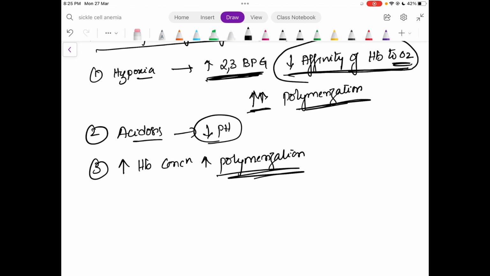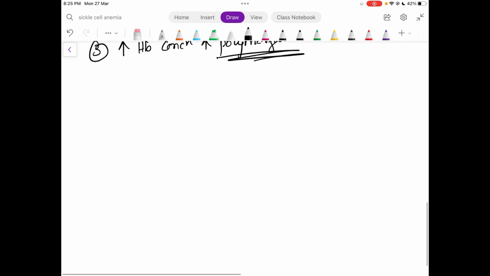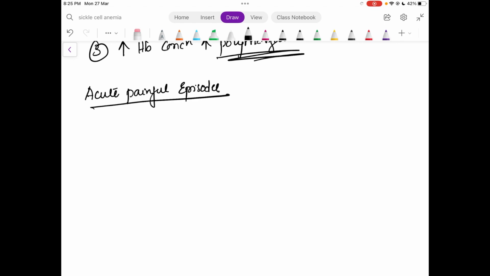And we will see the symptoms of sickle cell anemia. First, we have to know about acute painful episodes. These will occur due to small venule obstructions.